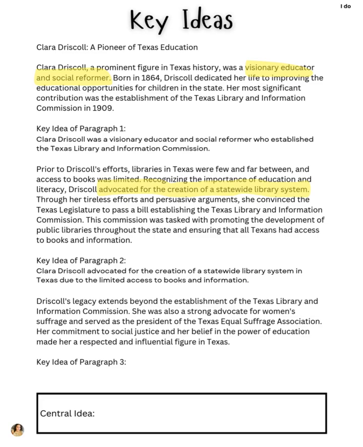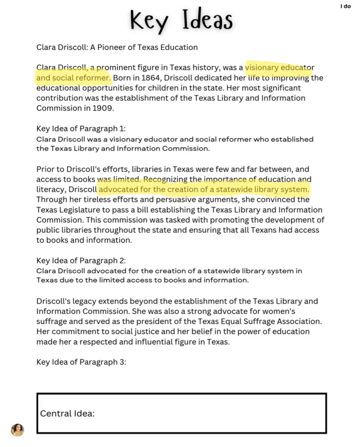Driscoll's legacy extends beyond the establishment of the Texas Library and Information Commission. Sounds like a generalization, but just like we learned in the last paragraph, it's not always the first sentence. So let's keep going. She was also a strong advocate for women's suffrage.